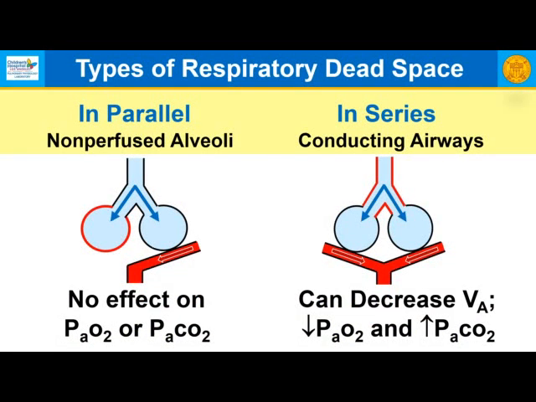In parallel, wasted ventilation has no effect on arterial CO2 or O2. However, in series, dead space or wasted ventilation can decrease alveolar ventilation, which would decrease oxygen and increase PCO2.